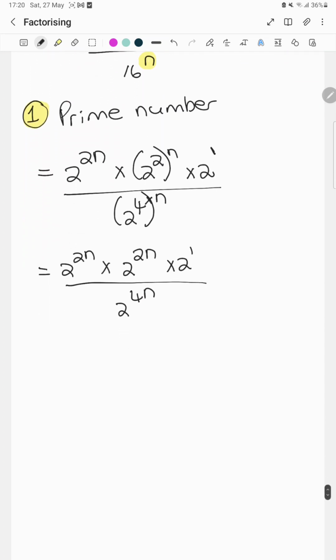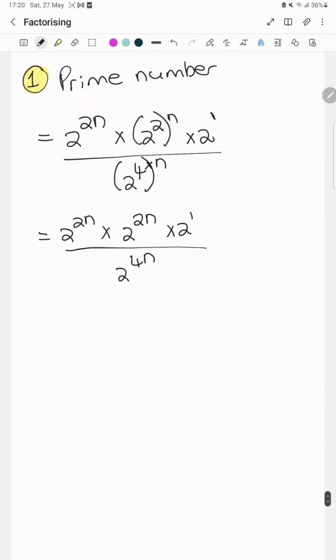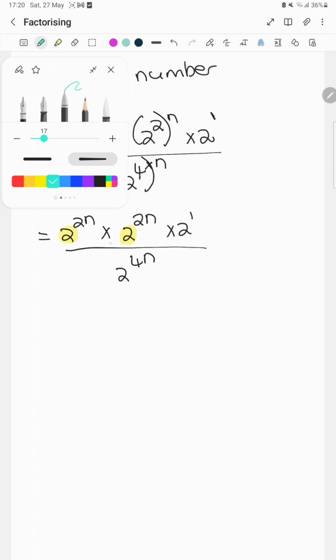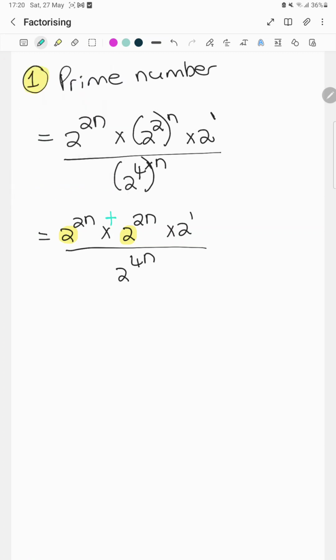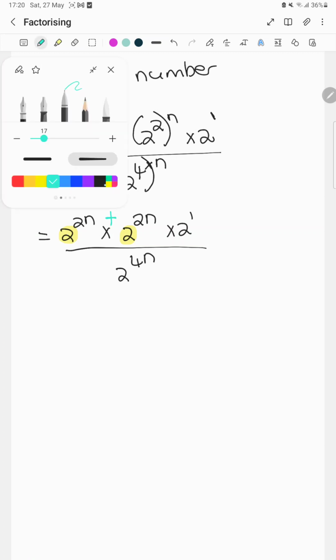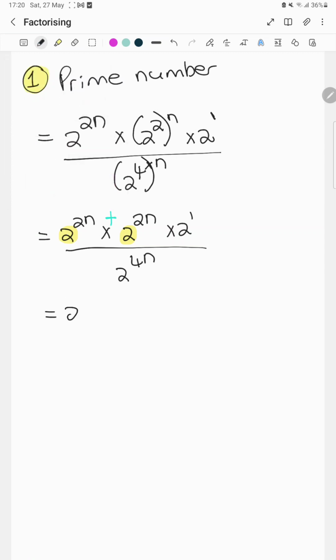Our next step is to see if maybe there's something that can cancel. At this moment there isn't yet, but you have a 2 and a 2, the same base numbers, which means that my exponents can add together. So I can rewrite this as 2 to the power of 2n plus 2n, which becomes 4n, times 2 to the power of 1.